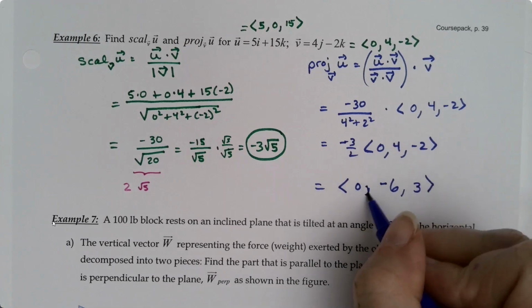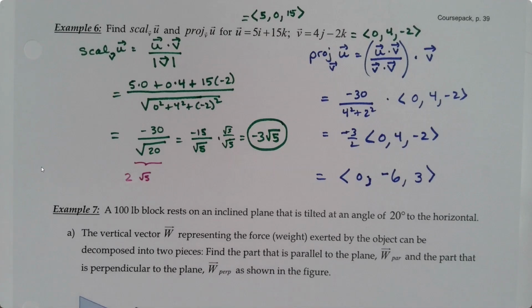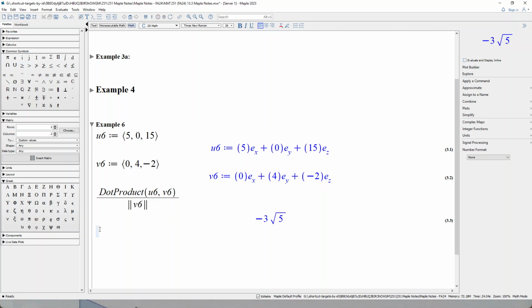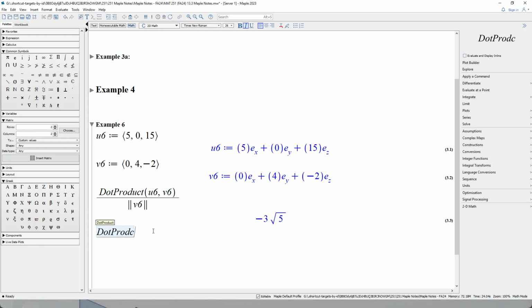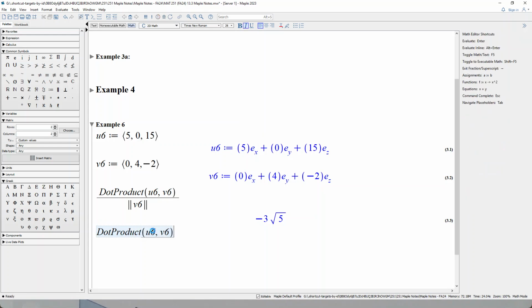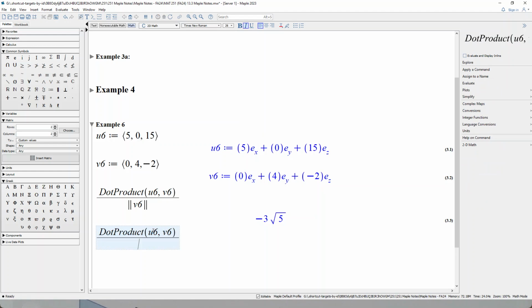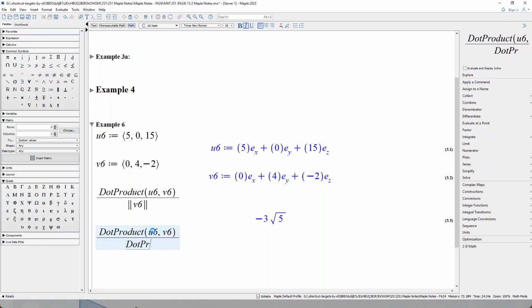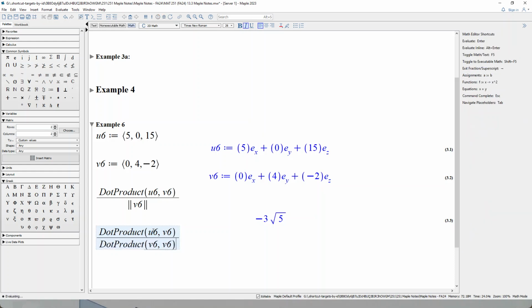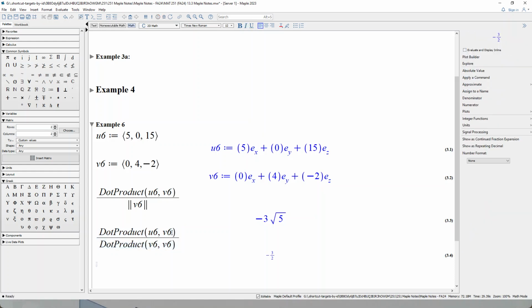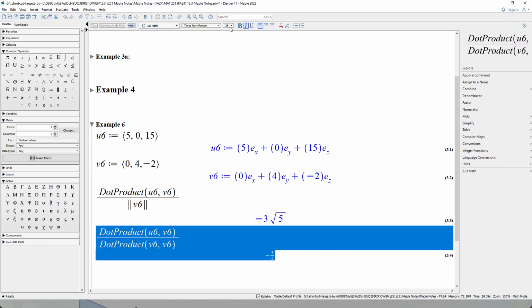Now, before I go circling that, I'm going to double check myself with Maple, because it's pretty easy to do so. If I take the dot product of u6 and v6, and I divide that by the dot product of v6 with itself, that does get me negative 3 halves, just like I thought it would.